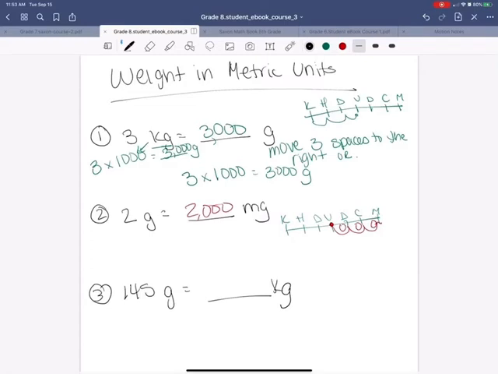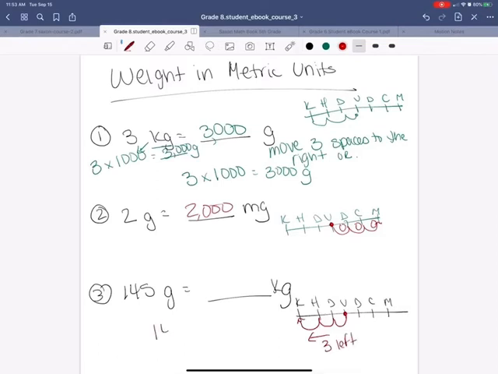And then next up, we are going from grams to, I apologize, that is kilograms. So 145 grams to kilograms. Now we're going in a different direction because we are moving in a different way. So we have King Henry died unusually drinking chocolate milk, and we're going from grams to kilograms. So we're going to move 1, 2, 3 spots to the left.